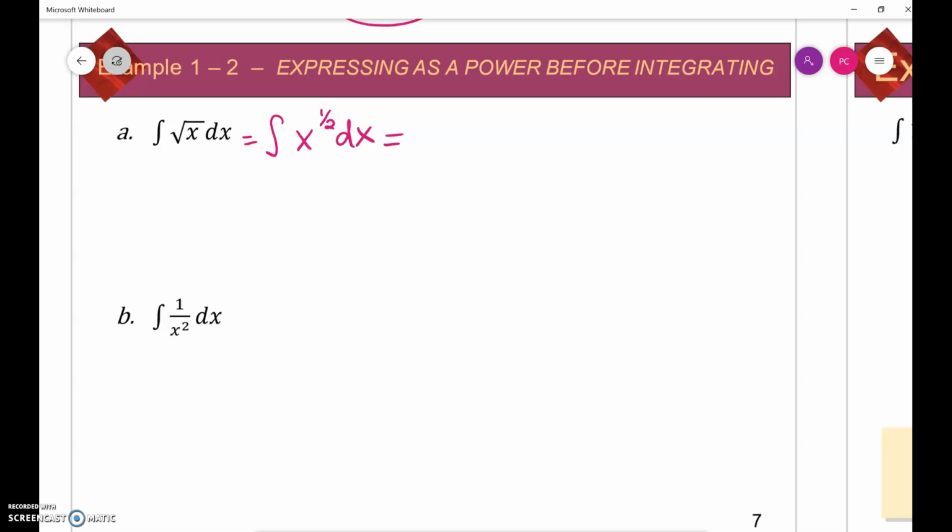So the rule is 1 over n plus 1, and then x to the n plus 1 plus c. So n plus 1, I have 1 over 1/2 plus 1 times x to the 1/2 plus 1, and then plus c.